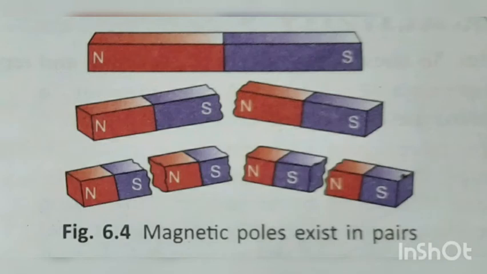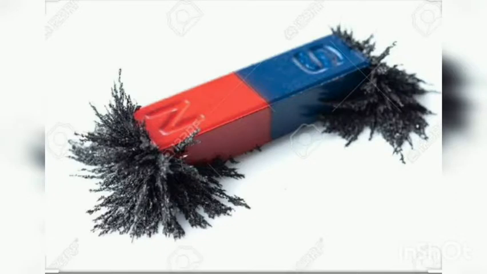Today we are going to study the important terms of a bar magnet. Some important terms related to the bar magnet. First one is magnetic poles.